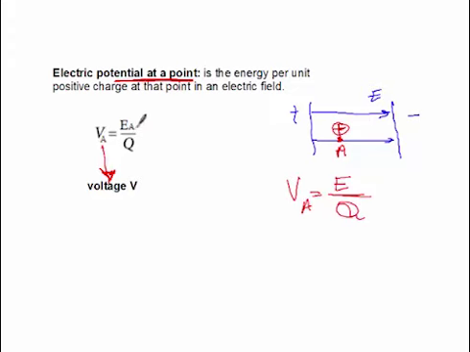So it should be the energy at that point, energy per unit charge at that point. Is it clear? Now, what about units? We know that energy or work is in joule and Q is in coulomb. So this will be joule per coulomb, which is volt.